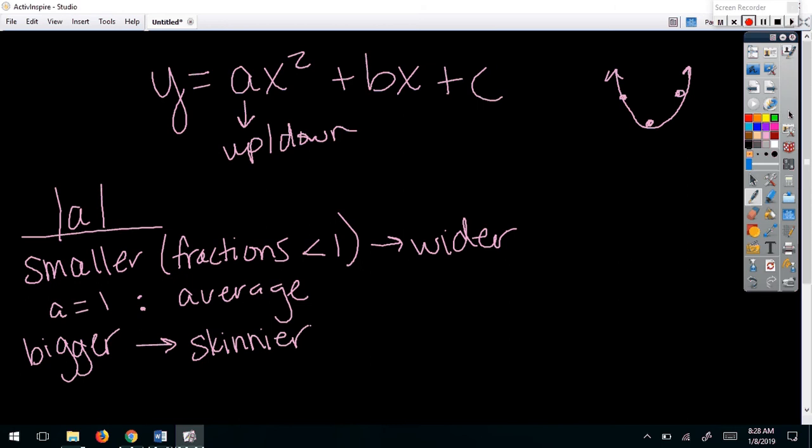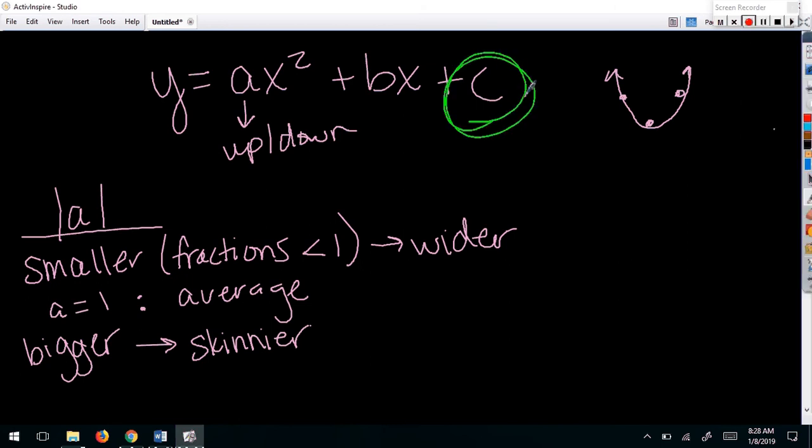One other thing on the equation before we look, and that's the C. Anybody take a guess as to what C is? The vertex point, y-intercept. Yes, y. Do you know why, or are you just guessing? I'm just guessing. Okay. How do you find an intercept? What is an intercept, first of all?